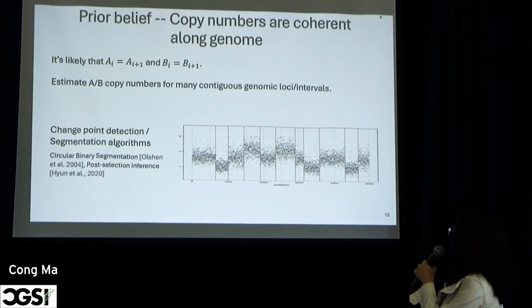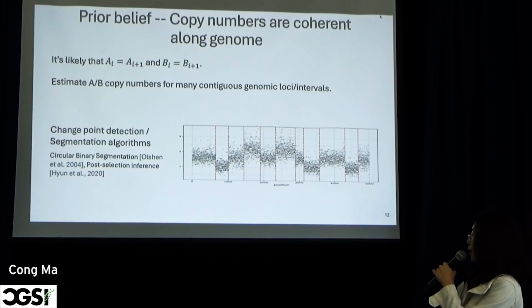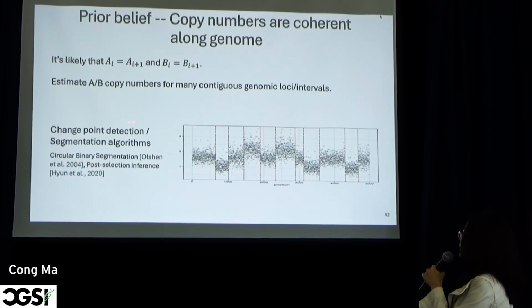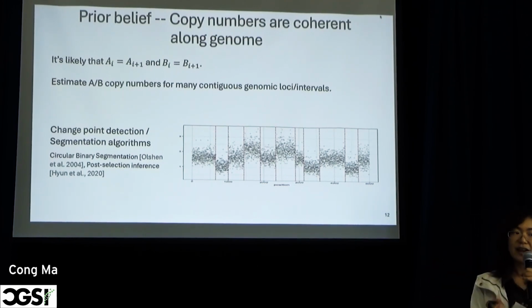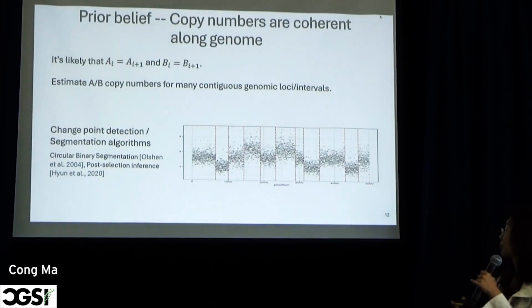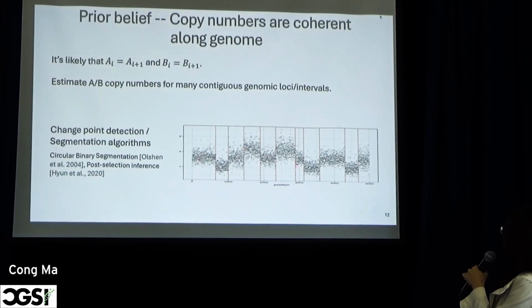And so instead of estimating the A copy number and B copy number for each genome locus separately, we can first partition the genome into several chunks such that for each chunk we believe they have the same copy number, and then estimate the allele-specific copy number for each chunk separately.